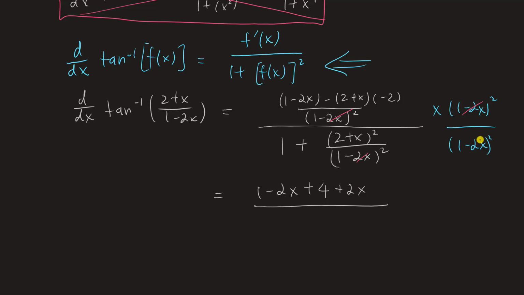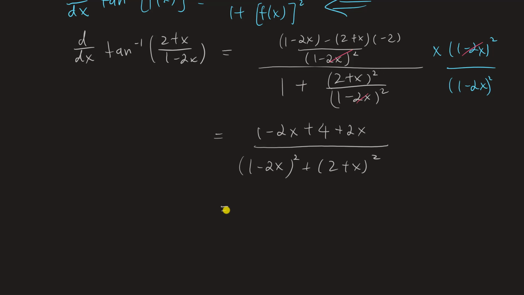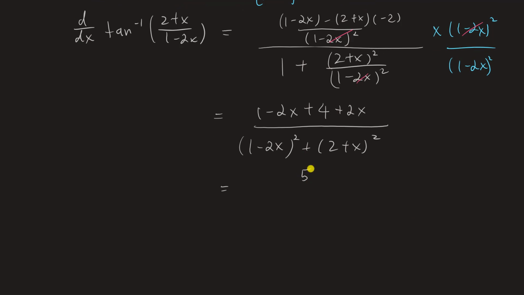This will cancel off with this, and the 1 will become (1 - 2x) whole thing squared. So at the numerator, you will get (1 - 2x)² plus (2 + x)². Simplify this will give us 5, and at the bottom, to simplify this, I think we have to actually expand it. So let's just go ahead.